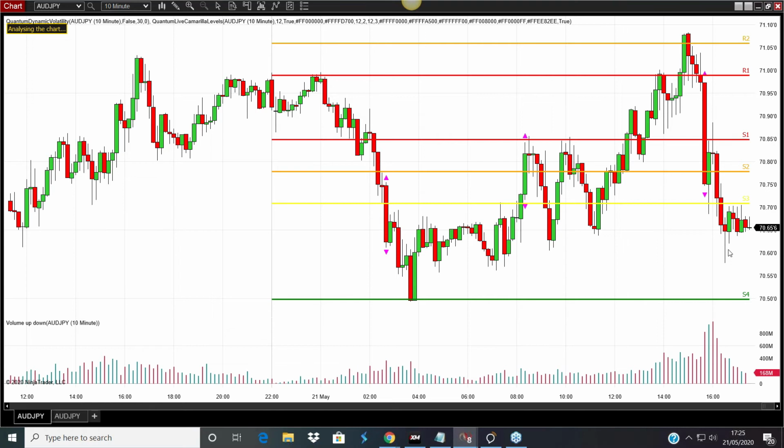It may reverse, it may continue lower. The way you play it depends on your position size and how many positions you have on. You could take some of them off and perhaps wait, or you take them all off and say, let me see what happens in the next phase of the price action.